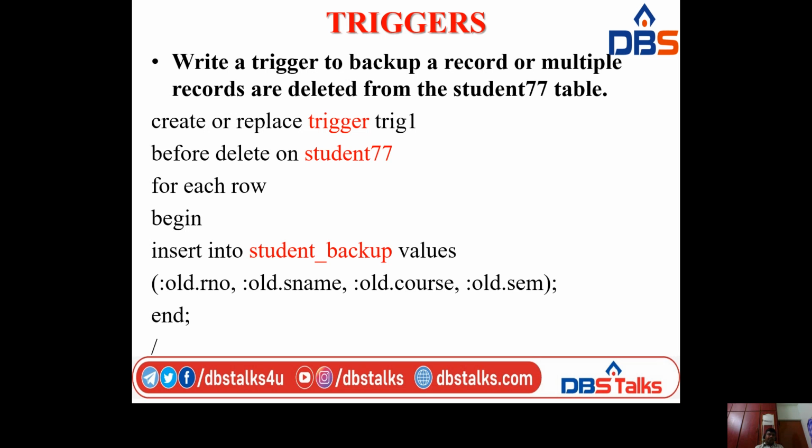For each row, insert into student backup. Student backup is the table which is already available. Insert into student backup values :old.roll_number, :old.sname, :old.course, and so on, the already existing values of the row, and end.